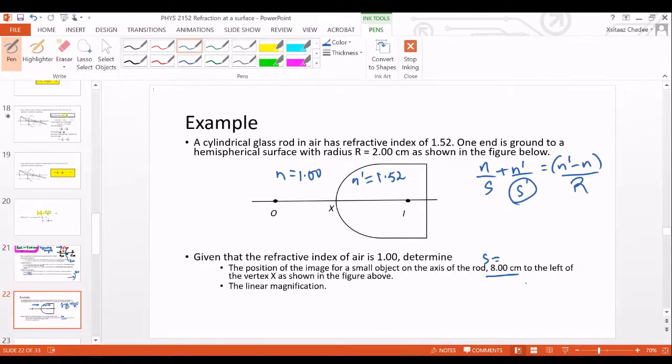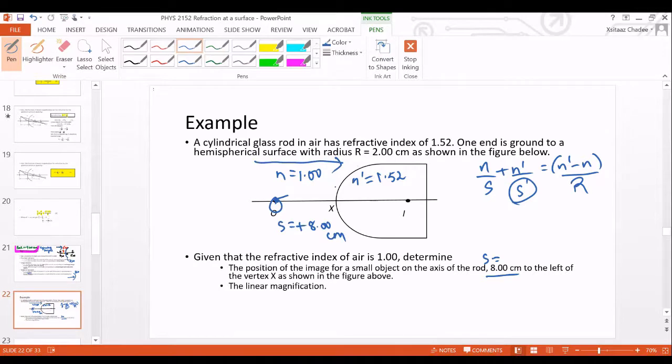Now, your object is to the left of the vertex, right? So it means that s is equal to a positive 8.00 centimeters. Our radius of curvature, this is a convex surface. If we are looking at light from the object is going to be moving from left to right.